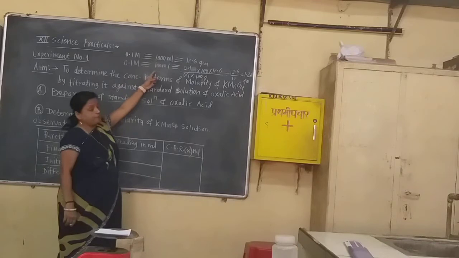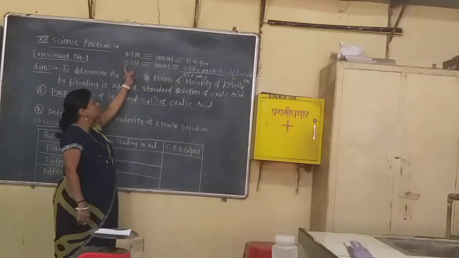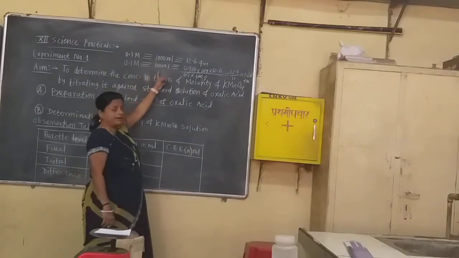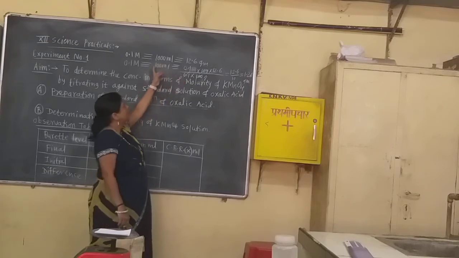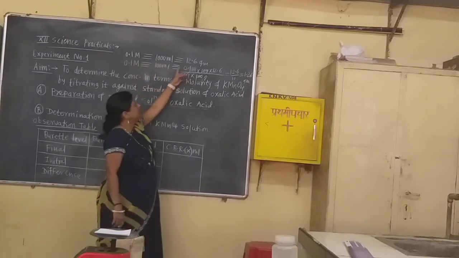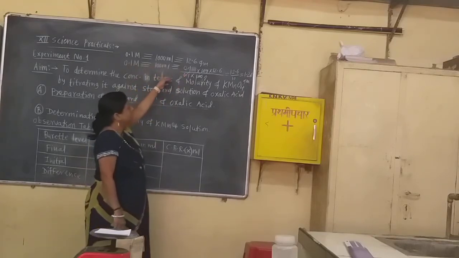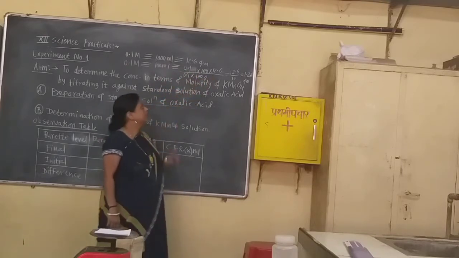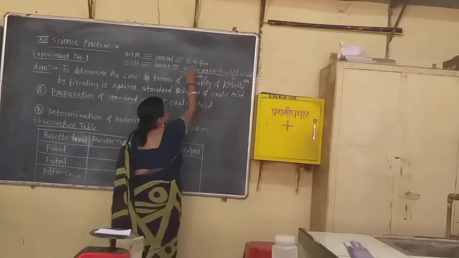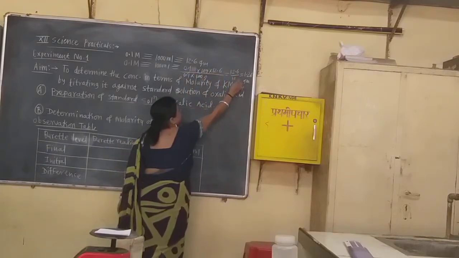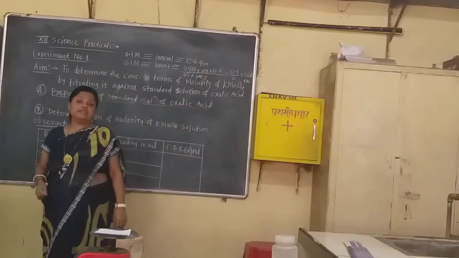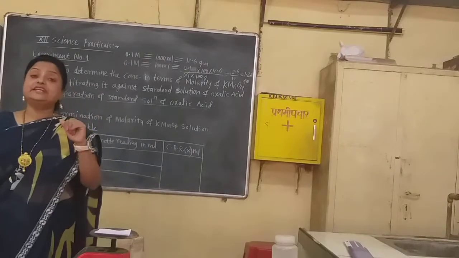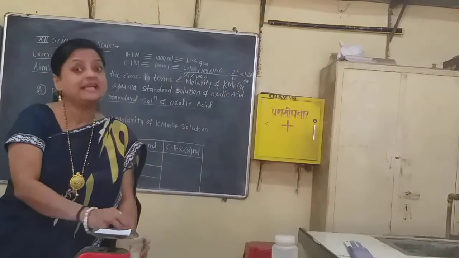Now we have to prepare only 100 ml, so 0.1 molar corresponds to 100 ml. With cross multiplication, 0.1 into 100 into 12.6 divided by 0.1 into 1000, this cancels, and 12.6 divided by 10 equals 1.26. So 1.26 grams of oxalic acid.